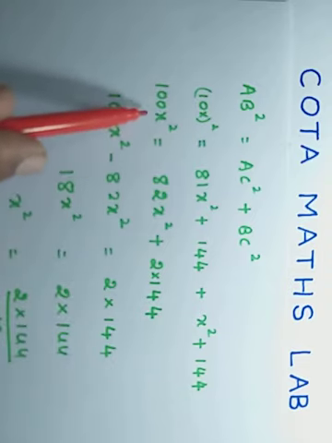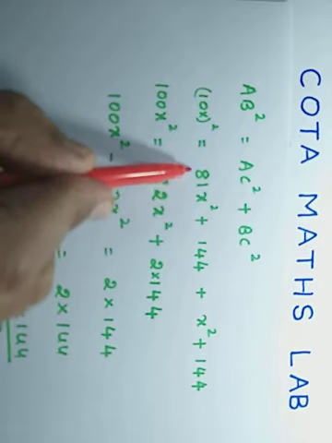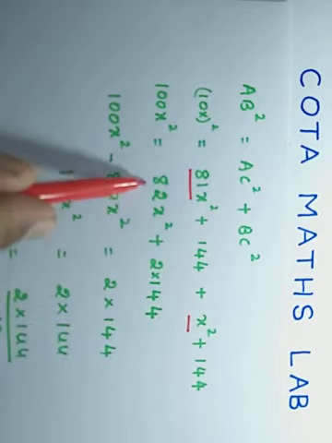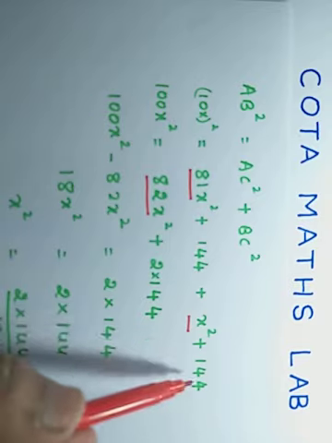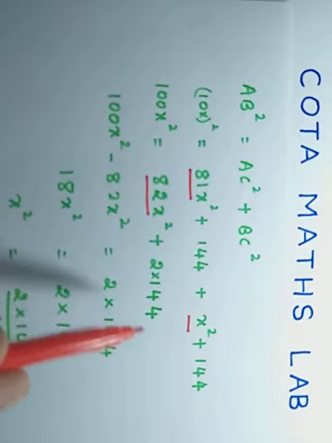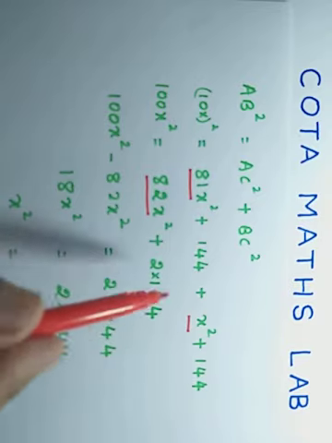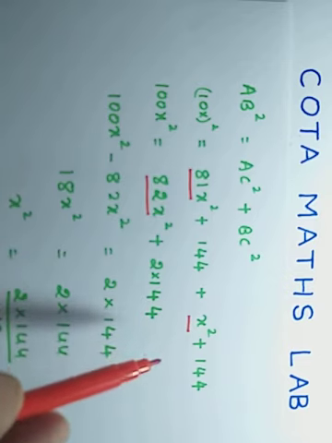10x whole square is 100x square, and 81x square plus 1x square is 82x square, and 144 plus 144 is 2 into 144.